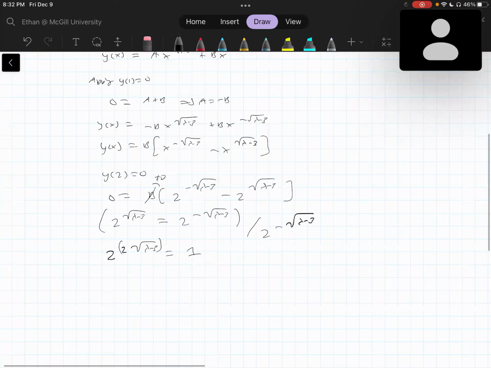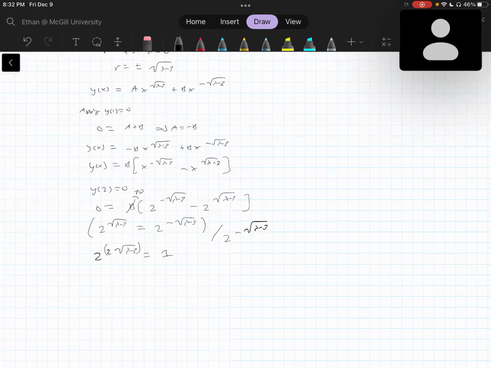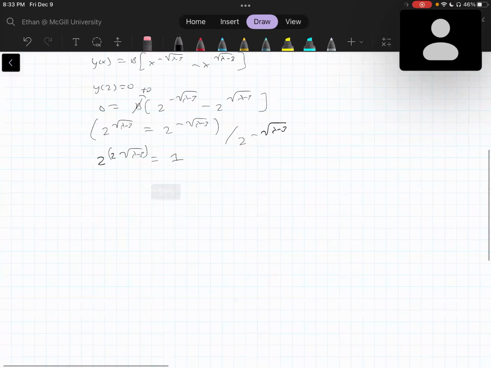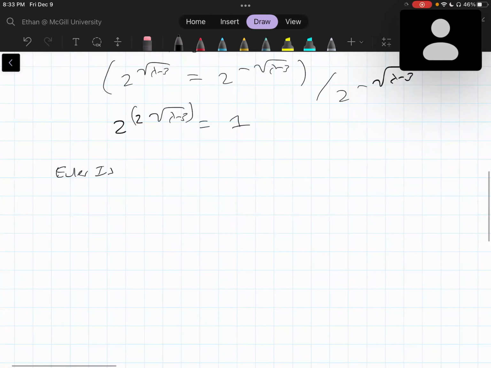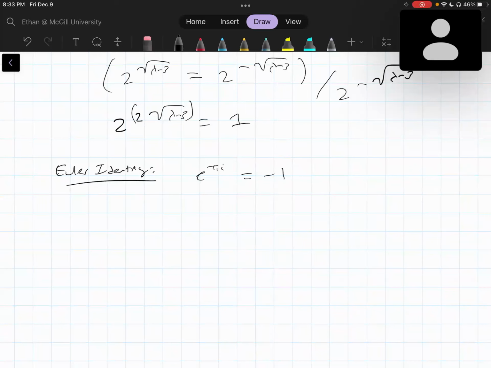Now we're going to apply the Euler identity, which is always used in these types of questions. It's a very important identity, so I'm going to write it out. And that's the identity. Now, to be able to use it in our case in particular, we're going to square both sides.